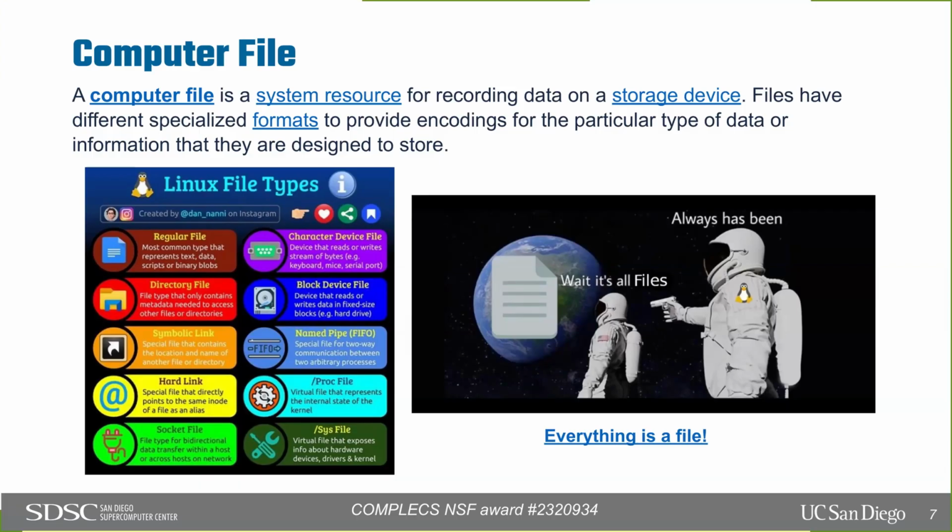But as you dig deeper into what a computer file is, which we will a little bit today, it really is a resource that you access in the case of writing and reading data from storage devices. And these files can have different formats, different encodings, based on the type of data they're designed to store.